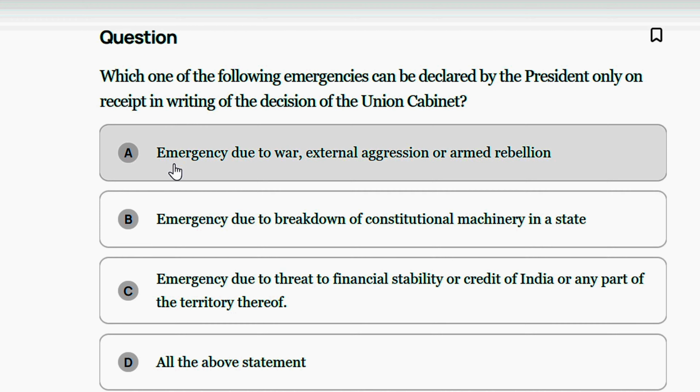Emergency due to war, external aggression, or armed rebellion. Correct answer. Yes. Next.